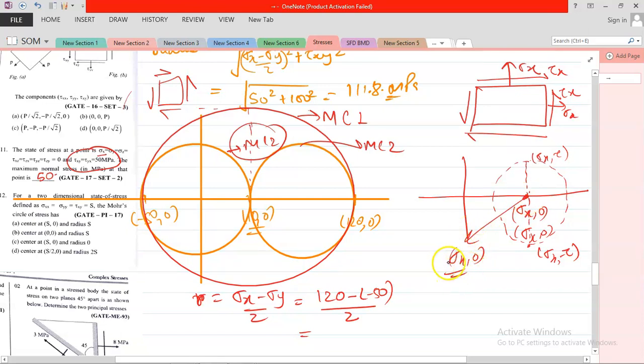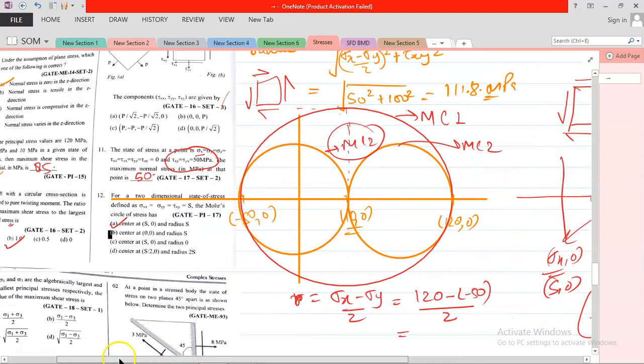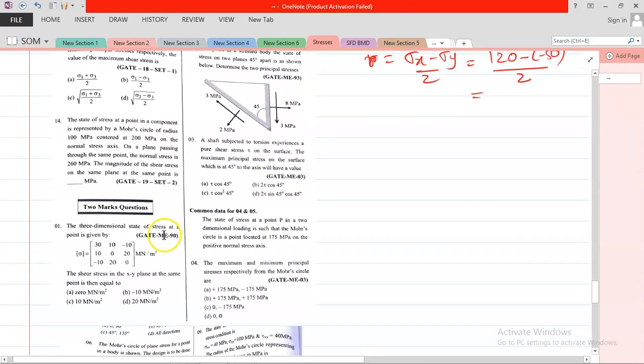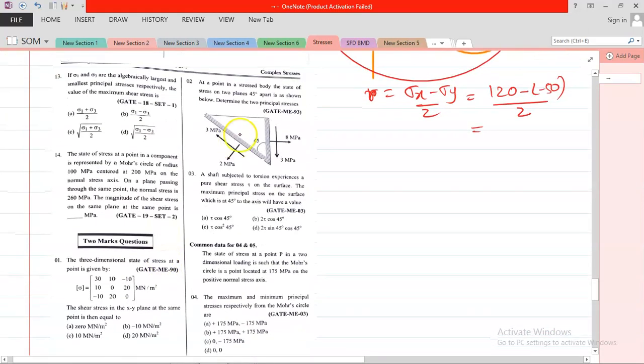Sigma x value is S, so the center is S comma 0, and its radius is the value of tau, and tau is also S. So the option that is correct is option A. Is it okay to everyone?